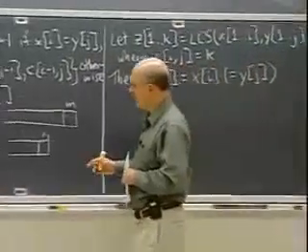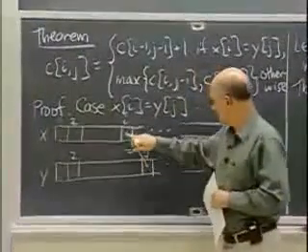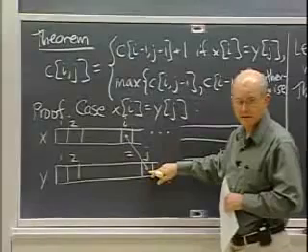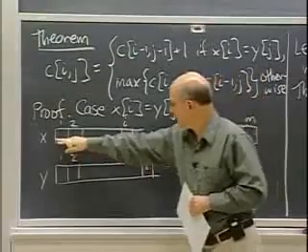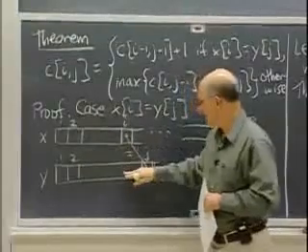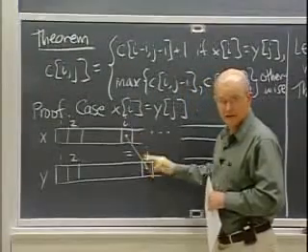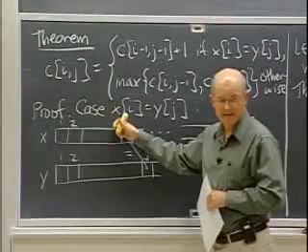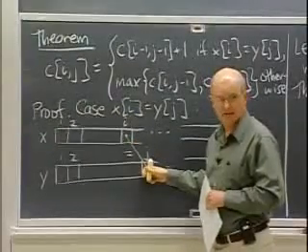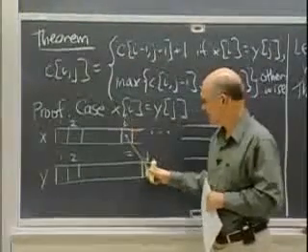So the idea is, suppose that the longest common subsequence didn't include this element as the last element. Then it includes a bunch of values in here and a bunch of values in here, same values, but doesn't include this or this. Well, then I could just tack on this extra character and make it be k plus 1, because these two match.